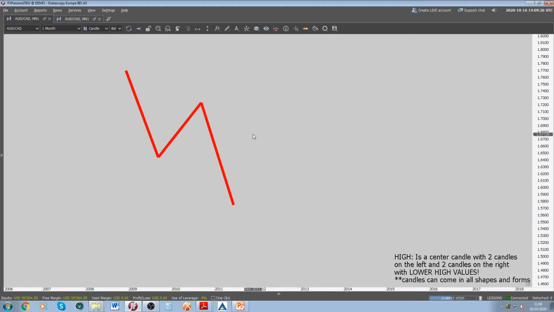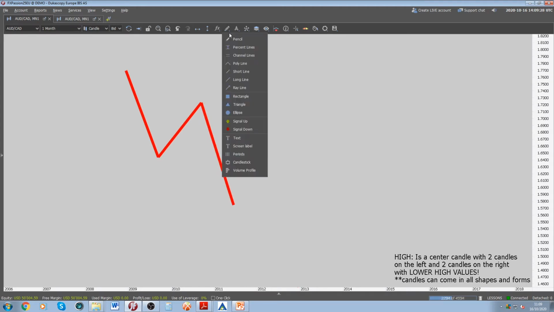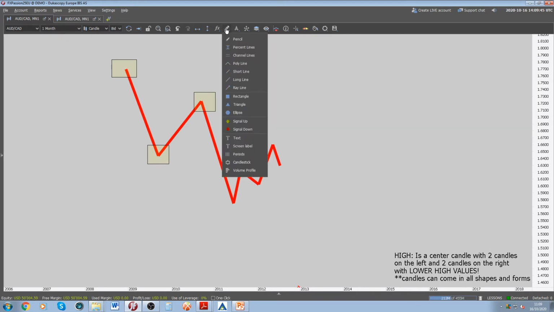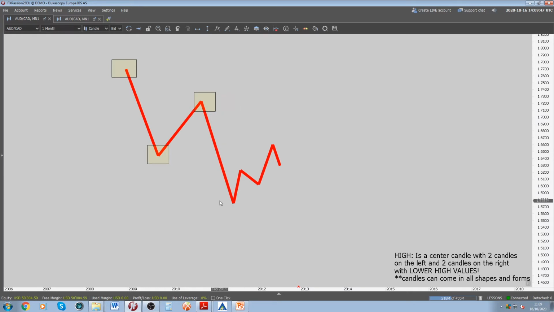If this is a downtrend, we have the first high, the first low, the first lower high, which is the second, and the first lower low, which is the second.